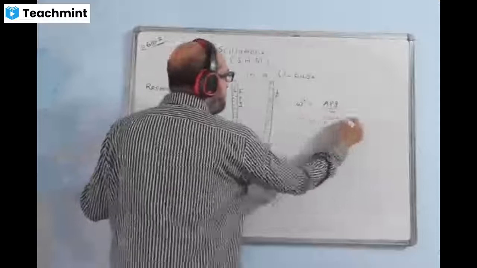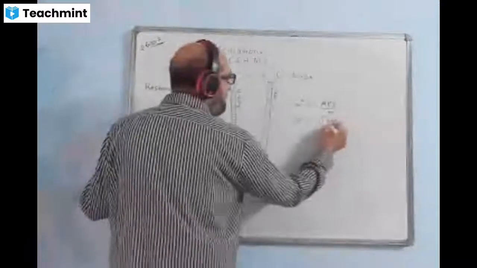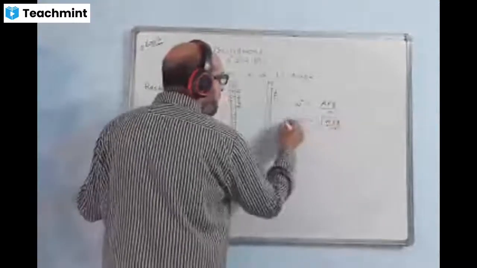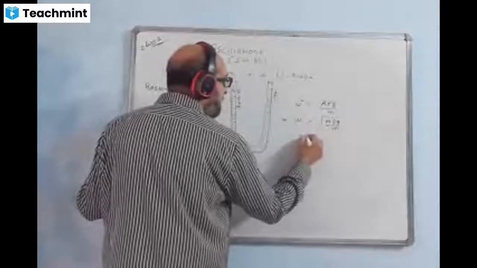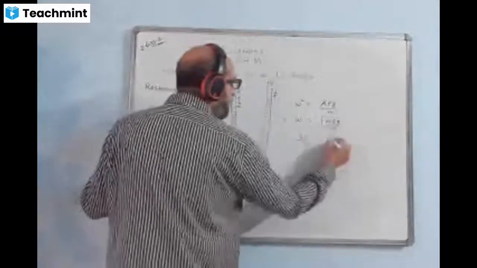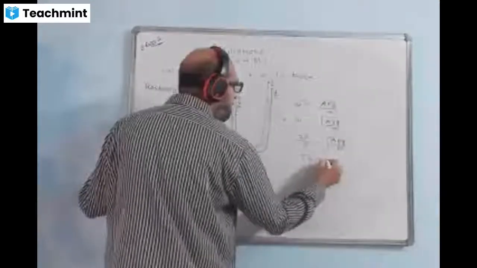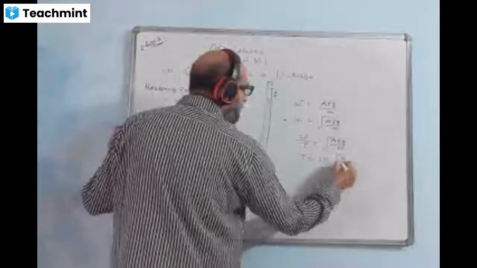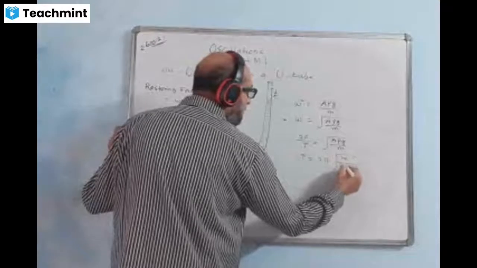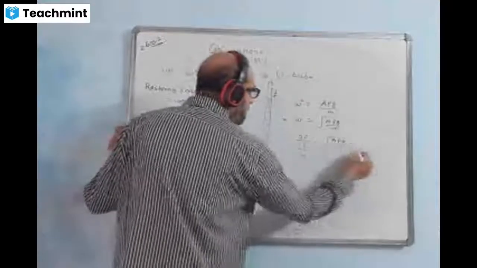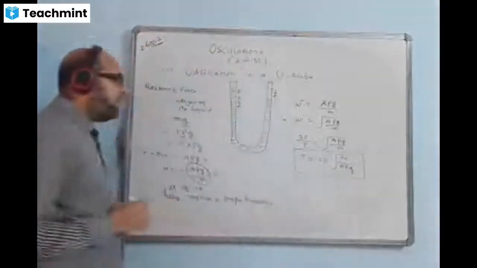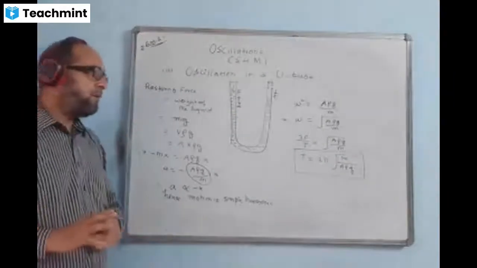So omega is the root of A rho g by m, or we write 2 pi by T is equal to this value. Therefore, the time period will be 2 pi square root of m by A rho g. This is the formula of the time period.